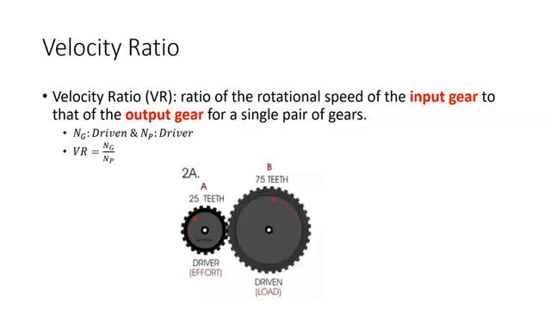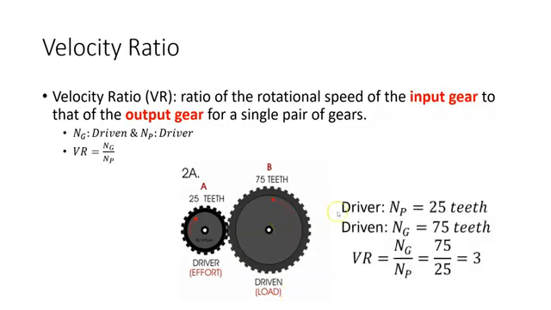So when we look at two gears together, one is 25 teeth and one is 75 teeth. The driver has 25 and the driven has 75 teeth. So the velocity ratio is 75 to 25, or 3.